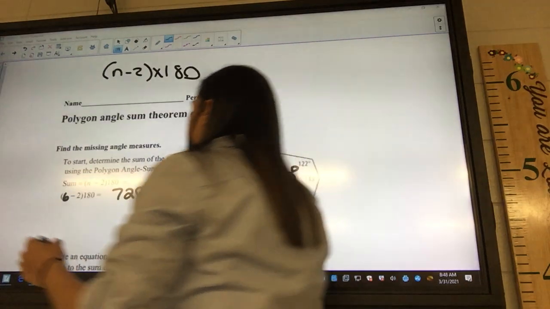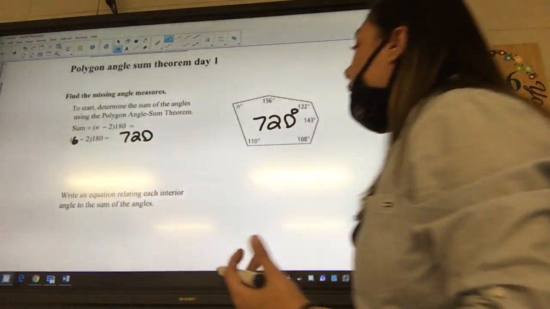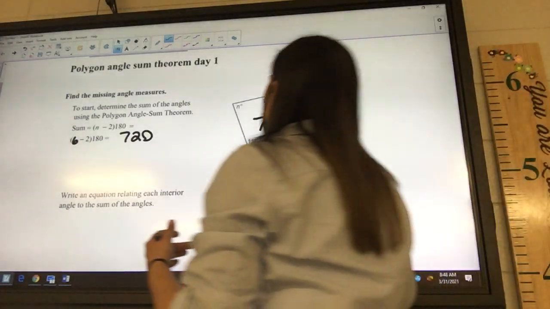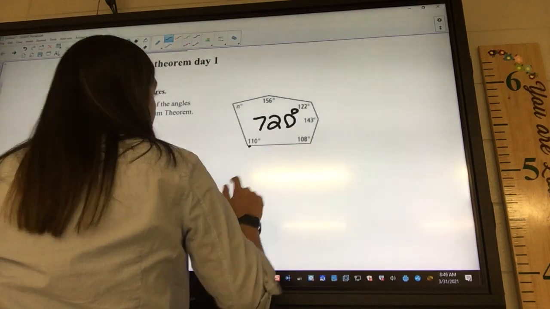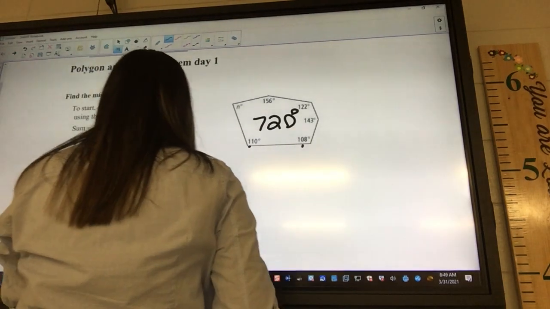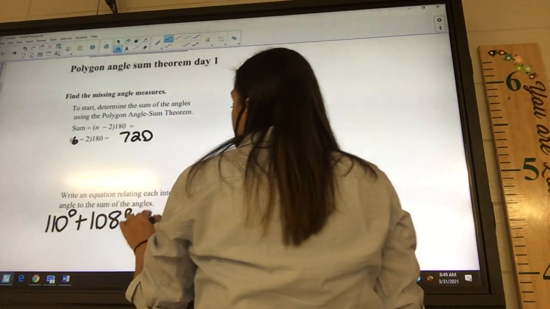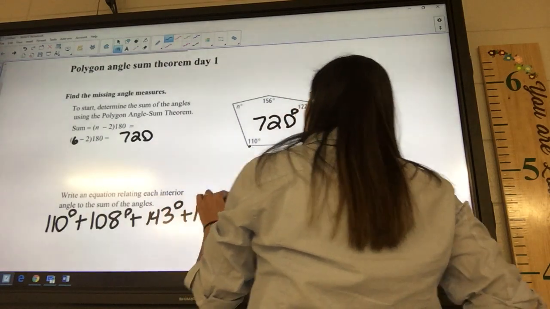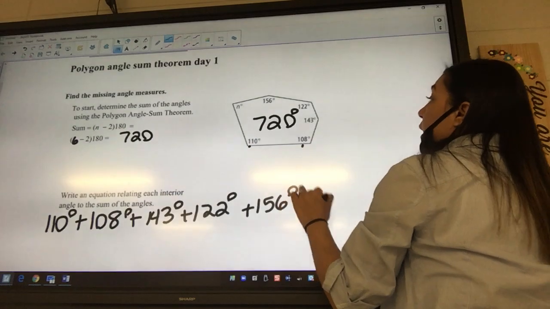Now it wants you to write an equation relating each of the interior angles to the sum of the angles. So we could say 110 degrees plus 108 degrees plus another angle of 143 degrees, plus 122 degrees, plus 156 degrees, plus n.